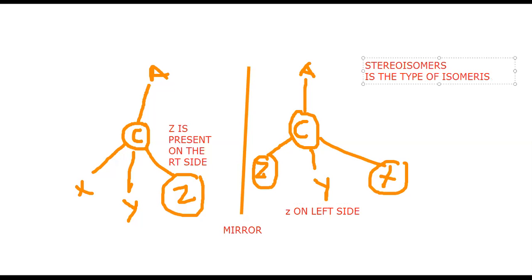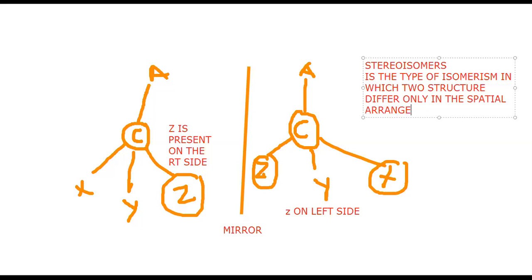That means stereoisomerism is the type of isomerism in which two structures differ only in the spatial arrangement of different groups around a chiral carbon or asymmetric carbon.